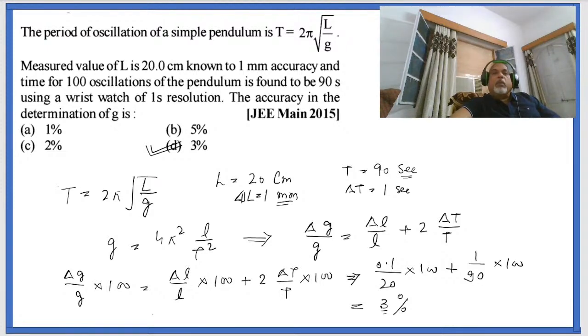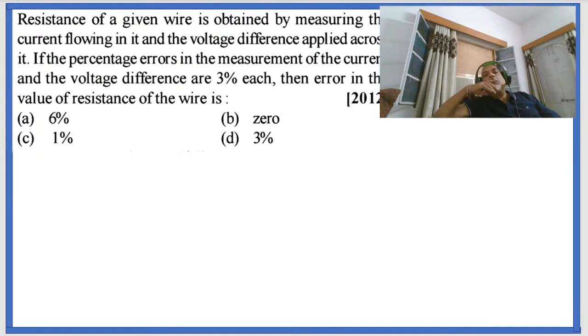Now let us go to the next question. In this question, resistance of a given wire is obtained by measuring the current flowing in it and the voltage difference applied across it.